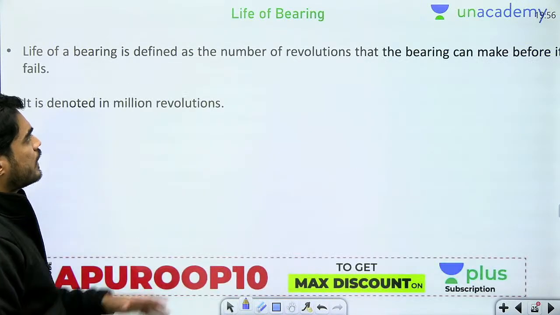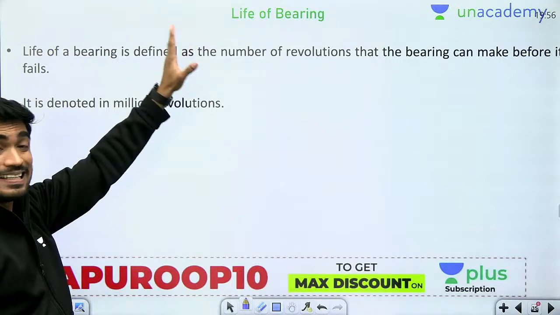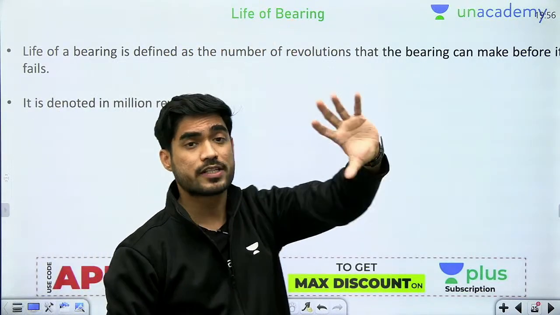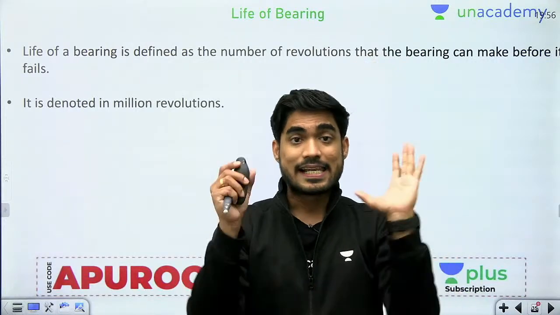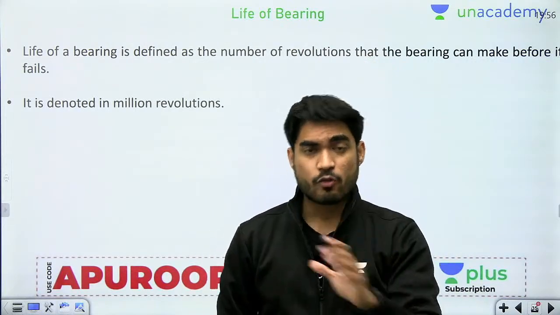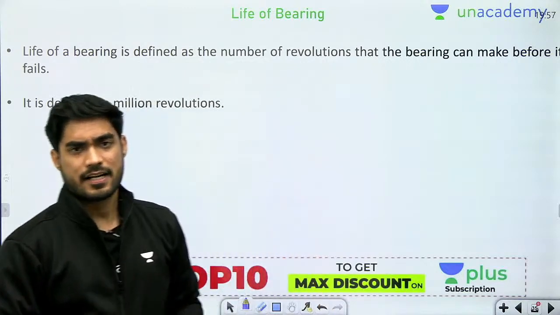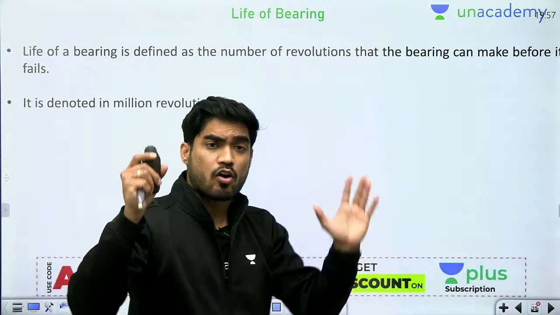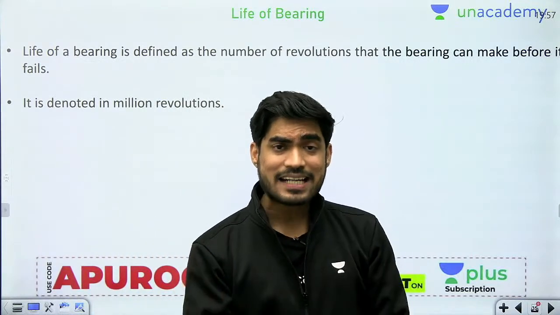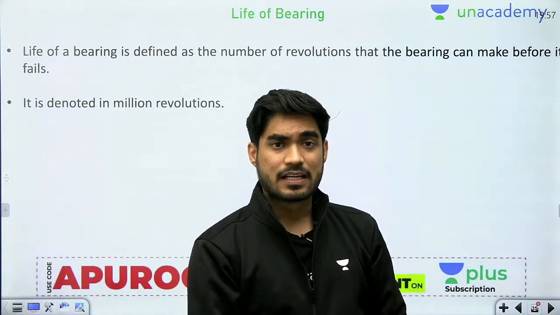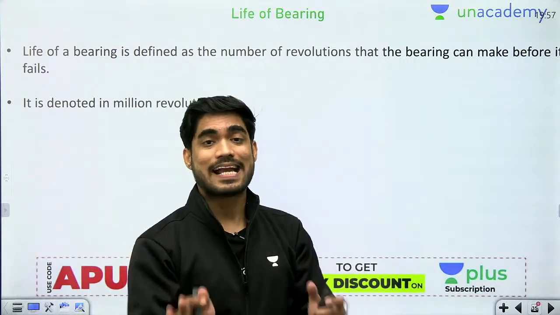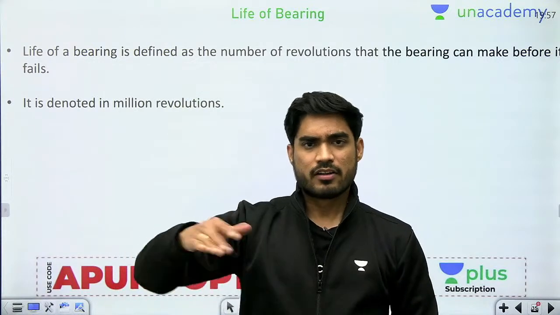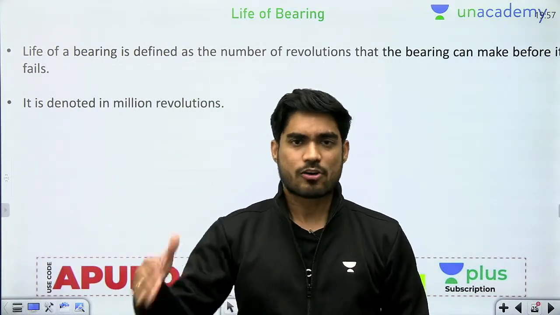Okay, चलो. Now life of bearing, this is the most important parameter which is used for choosing the appropriate bearing. What do we mean by life of bearing? Life of bearing is the minimum number of revolutions that the bearing will make before the first sign of failure. यानी कि see, bearing is used in supporting the shafts which are rotating, right?